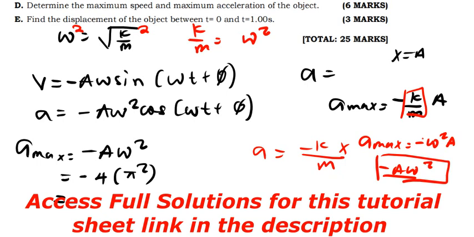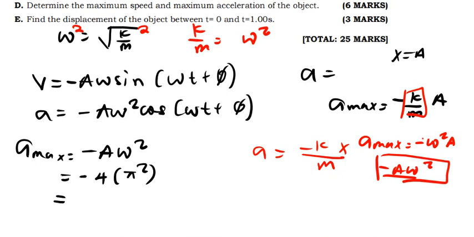I'm starting with the acceleration before the speed, so it will be negative 4 times pi squared, that is negative 39.48 meters per second squared. That is the maximum acceleration.